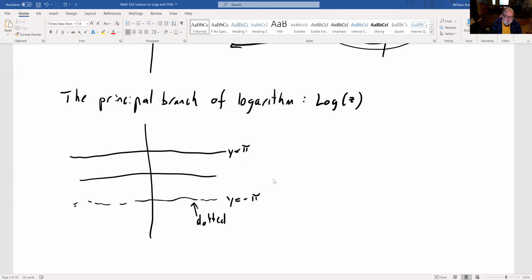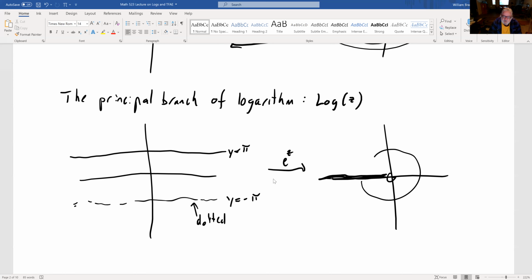Our domain is just from pi to minus pi. And so e to the z will take us, pi is here, and every vertical line takes us like that. Great, so now this is one-to-one.